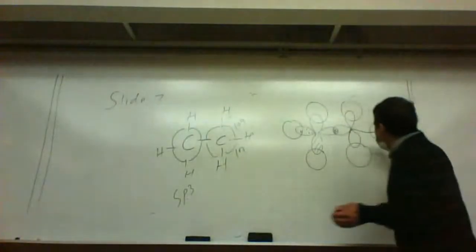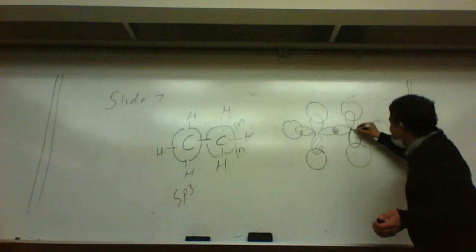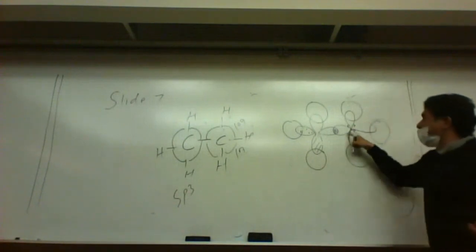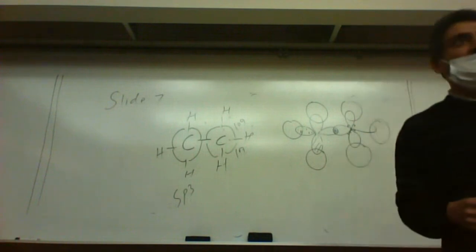Good. Now, I just finished this one. They may be showing you a small lobe here. Actually, sp3 orbitals look like they have small lobes after they are formed. So you don't have to worry about showing this small lobe there. Just show these big ones if you need to draw.